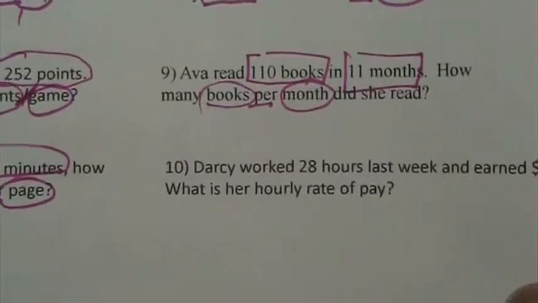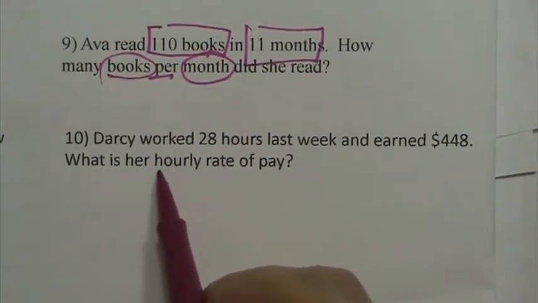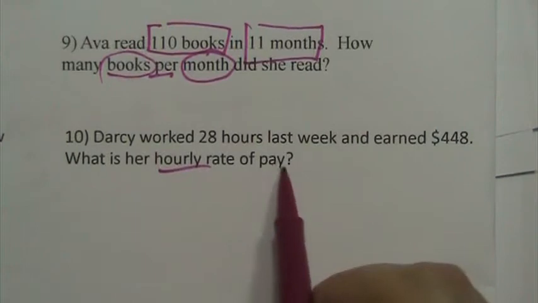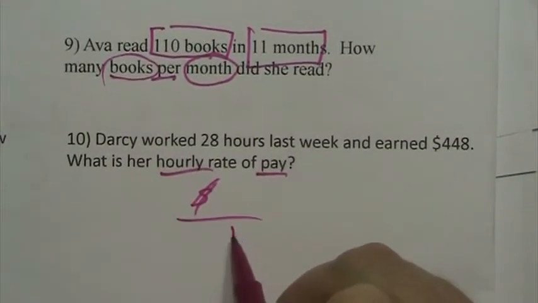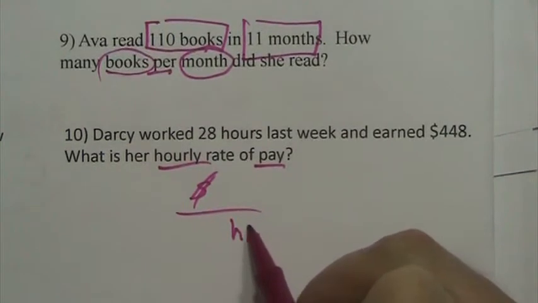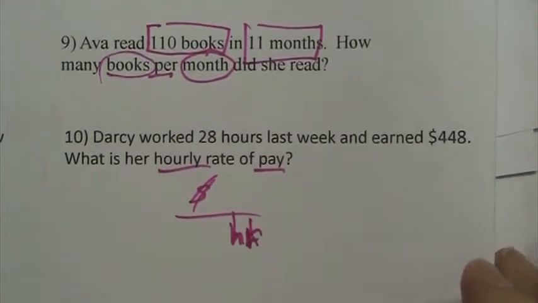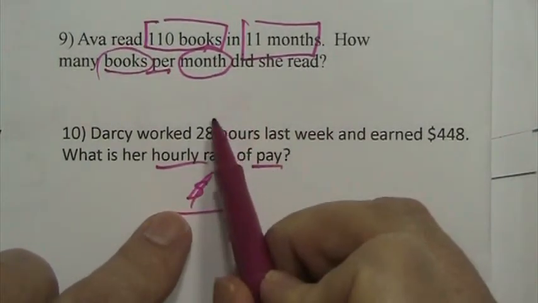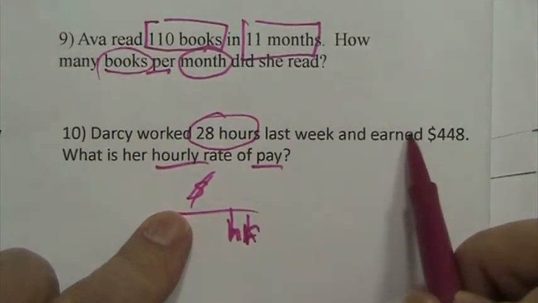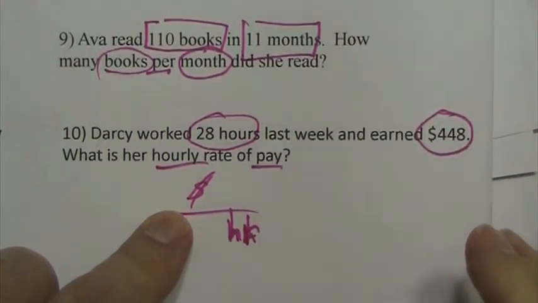Number 10. What's it asking for? What is the hourly rate of pay? Okay, that means they want to know how many dollars per hour. Dollars per hour is what we're looking for. It's a little tricky. And we know that she worked 28 hours and earned $448 a week.